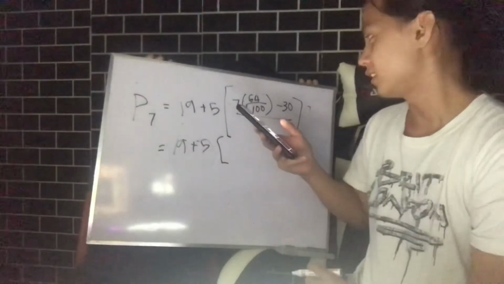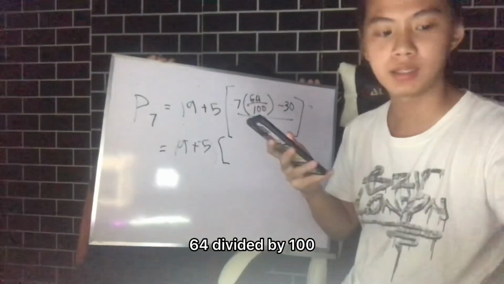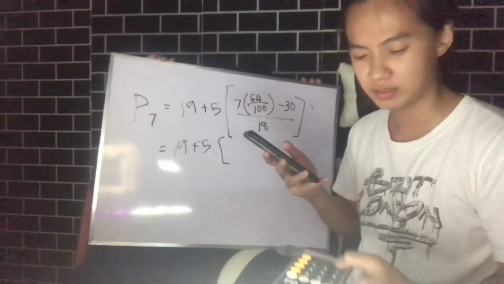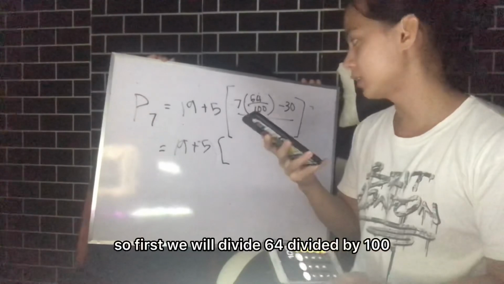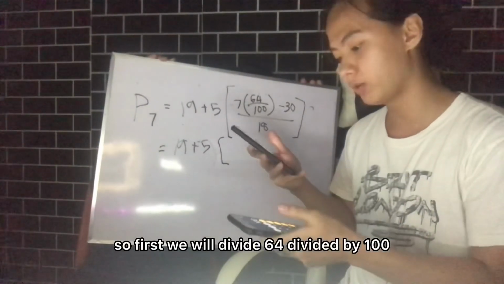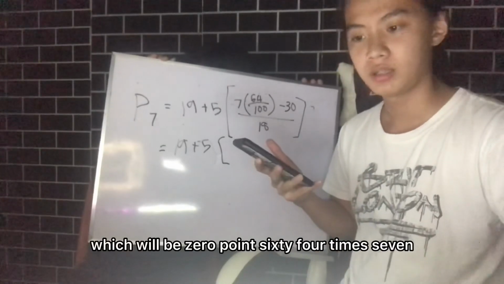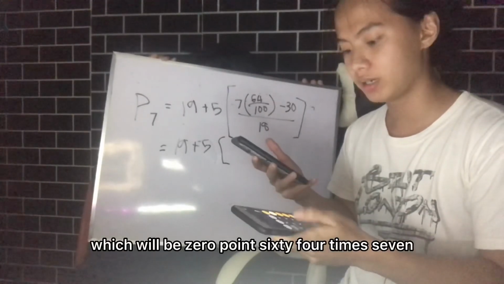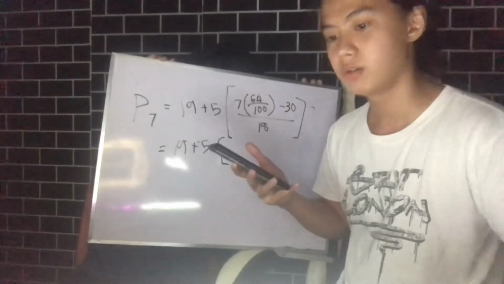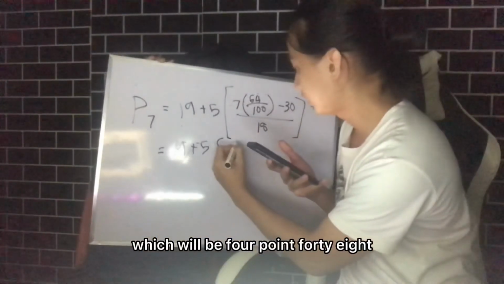So first we will divide 64 by 100, which will be 0.64, times 7, which will be 4.48.